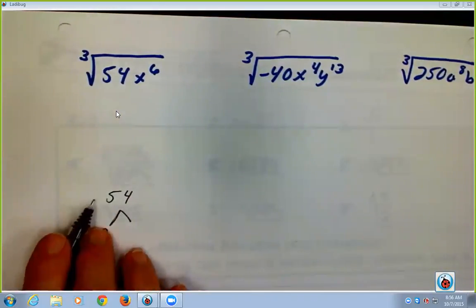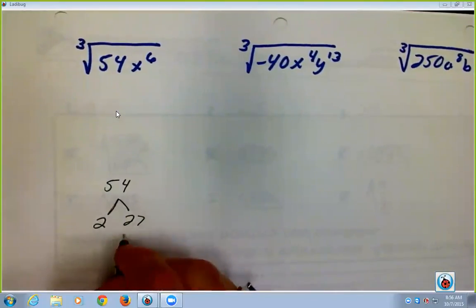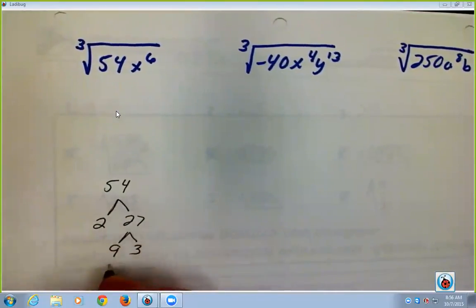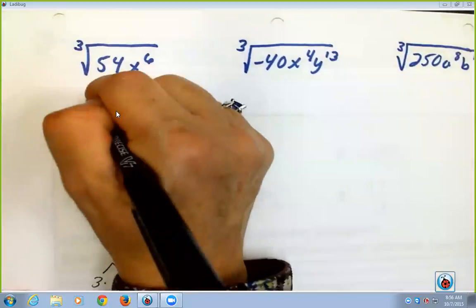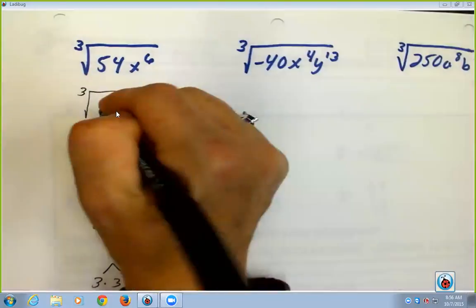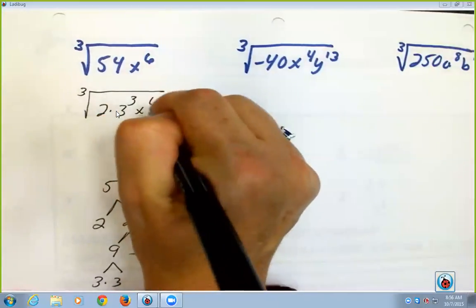So 2 goes into 54 27 times. 27 is 9 times 3. 9 is 3 times 3. So if I do my prime factorization of 54, then what I got left under here is 2 times 3 cubed, x to the 6th.